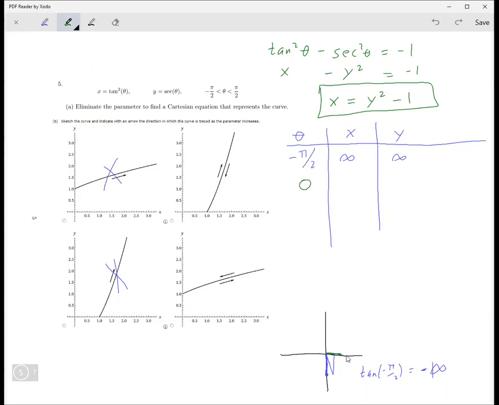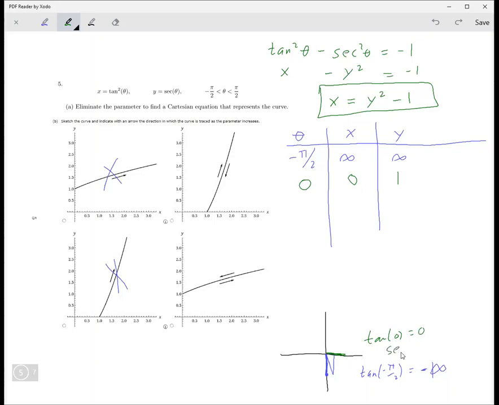Okay, and then let's put a point in the middle, maybe 0. So that would be this angle here. Tangent of 0 is 0, and 0 squared is 0.